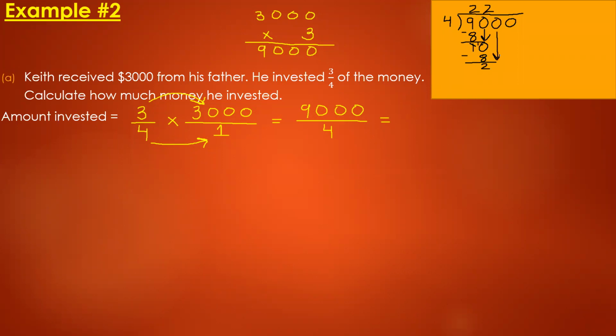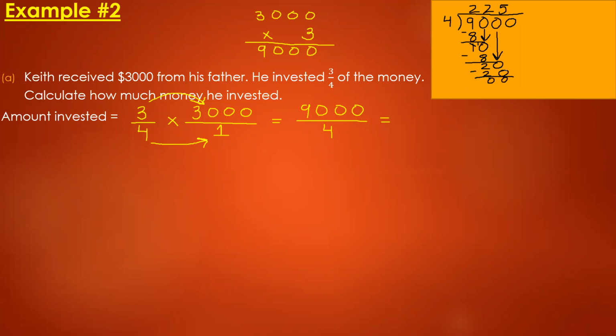And we bring down the 0 again. How many times does 4 go into 20? 5 times, good. 4 times 5 is 20. And what do we do at this point? Subtract, and that's 0.